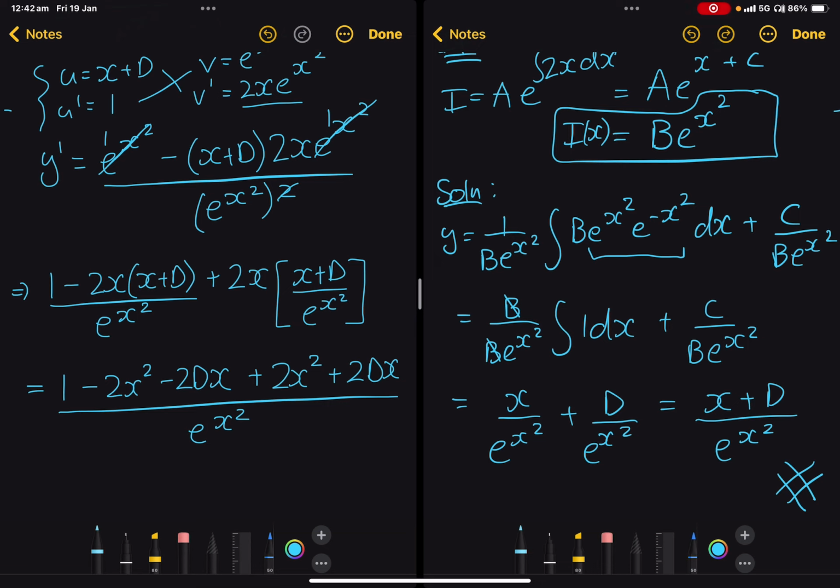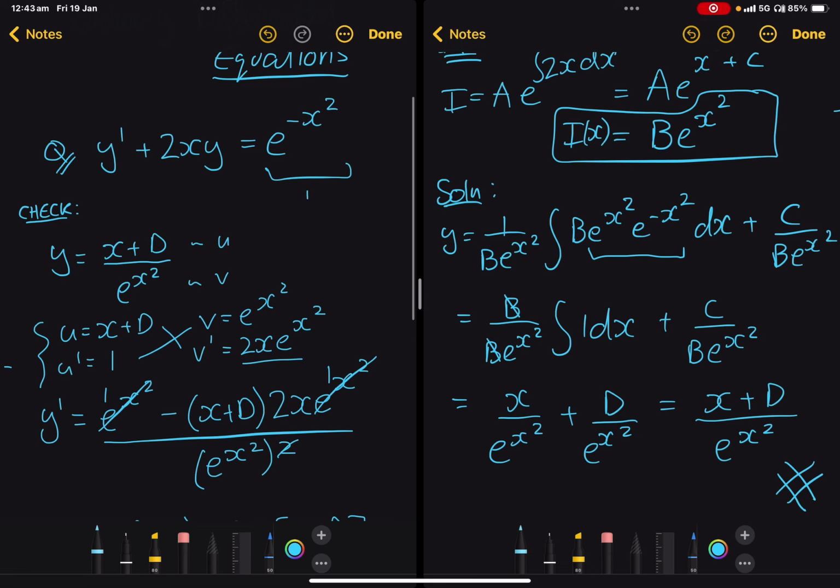So we have minus 2x squared plus 2x squared, minus 2dx plus 2dx, and this is equal to 1 over e to the x squared, which is e to the negative x squared.